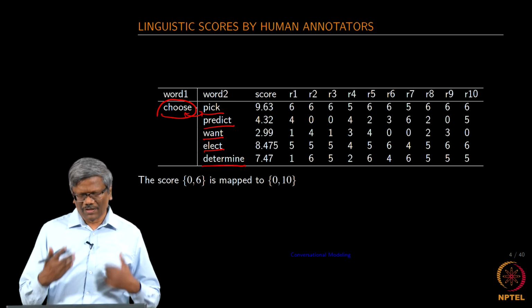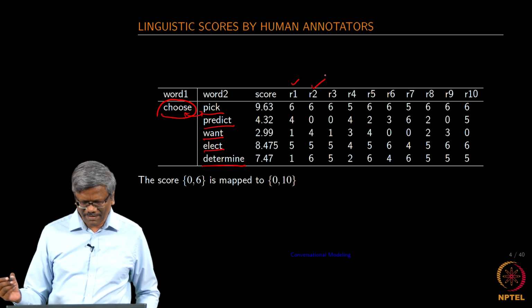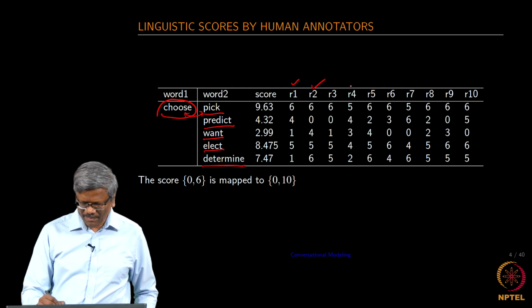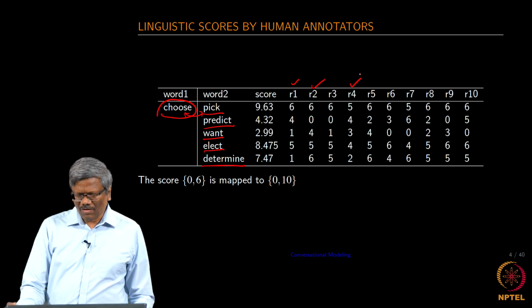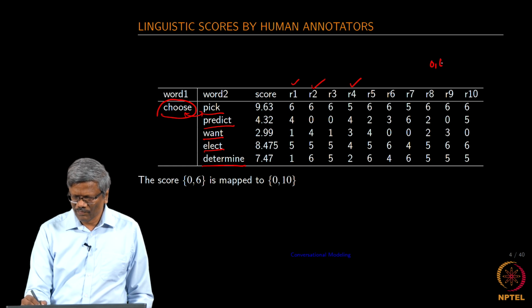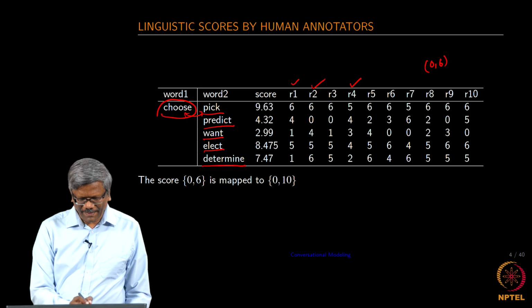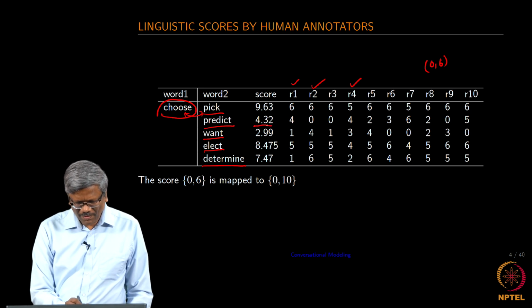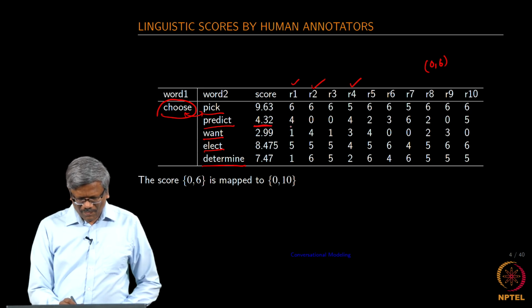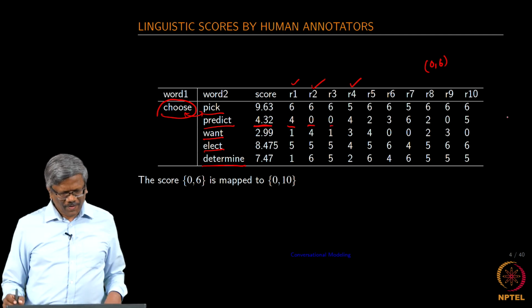So, what is the rating that you would provide? So, one person has given 6, the second one has given this as 6 and so on, except for this all ratings are 6. So, in this case the ratings are from 0 to 6. Okay. And then for choose and predict, this is the mean score. We have 4, 0, 0 and so on.